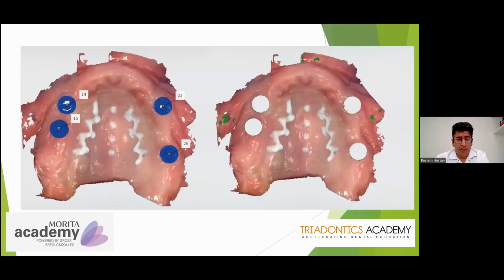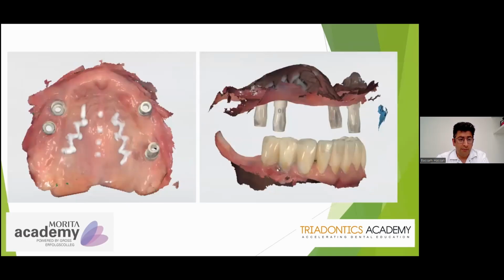And then once you have scanned your gingival formers, you need, of course, to identify the position of the implants, and then you can scan the scan bodies, and now you have the bite, and you have the implant position with respect to the bite.